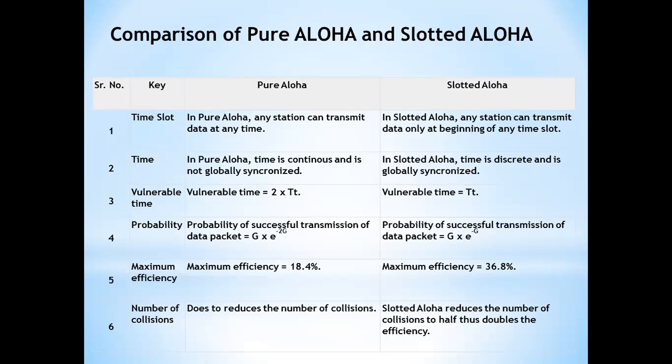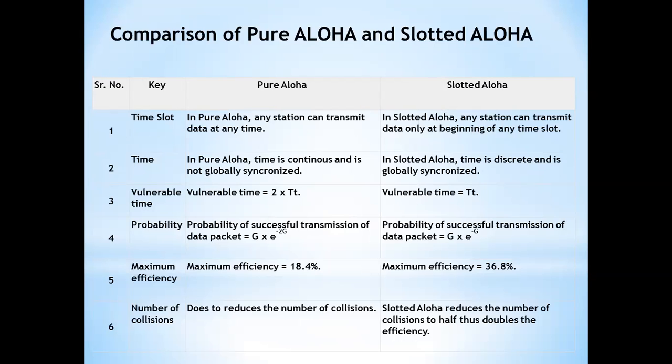The relationship between G and S for pure Aloha is S = G e^(-2G), and for slotted Aloha is S = G e^(-G), where the mathematical constant e is equal to 2.718.